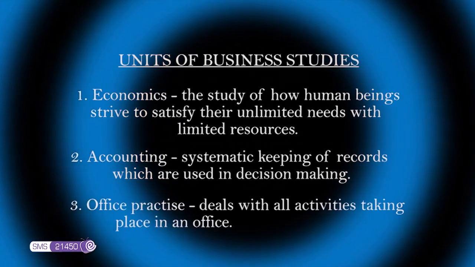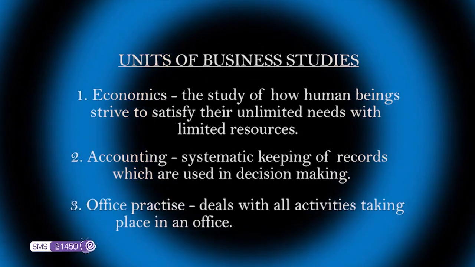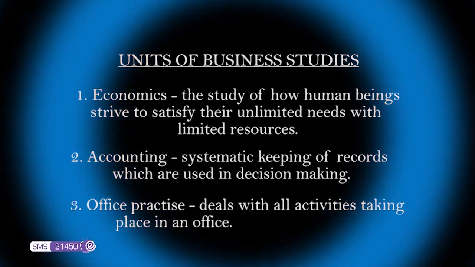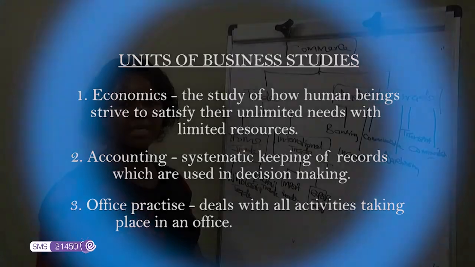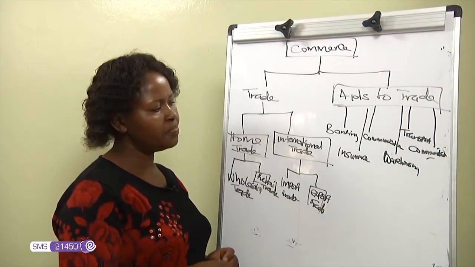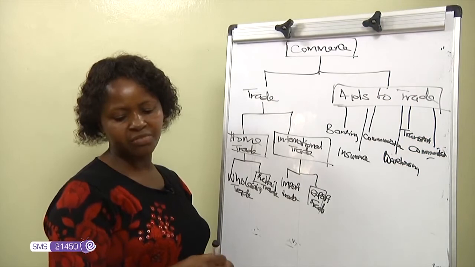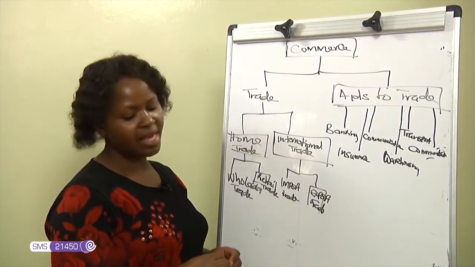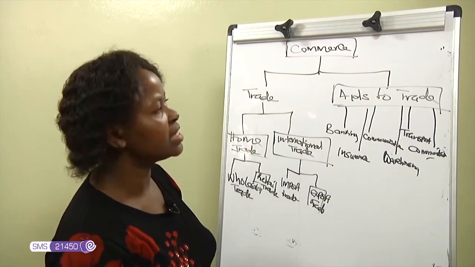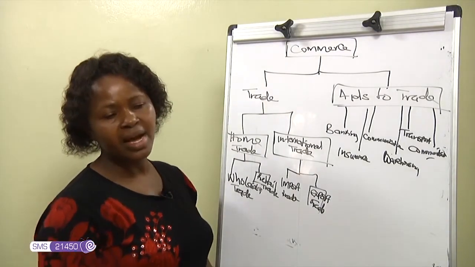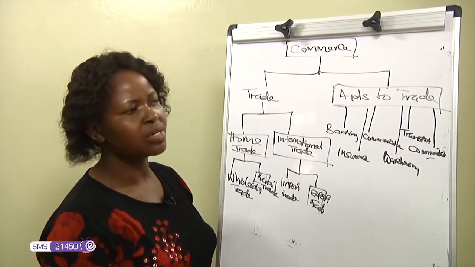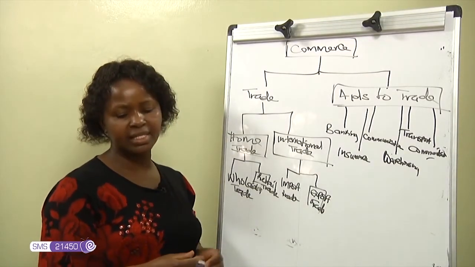Office practice is another discipline of business studies which deals with all the activities that take place in an office. Entrepreneurship is a branch of business studies that involves the identifying of a business opportunity and providing the resources required so that you can start a business.